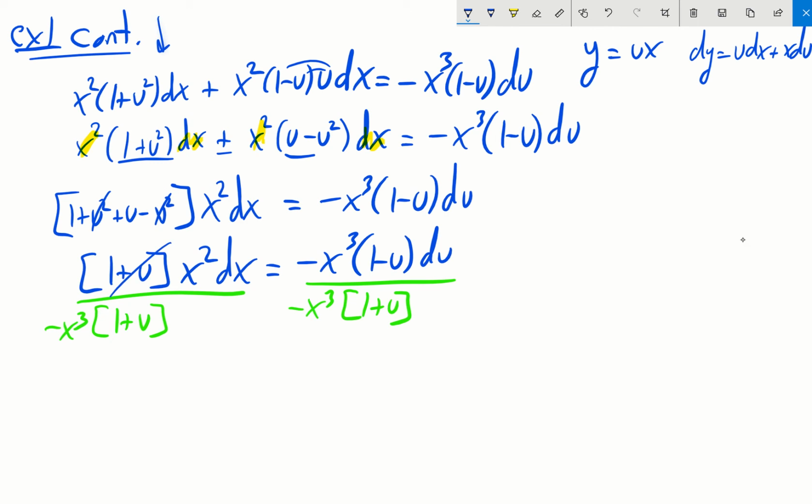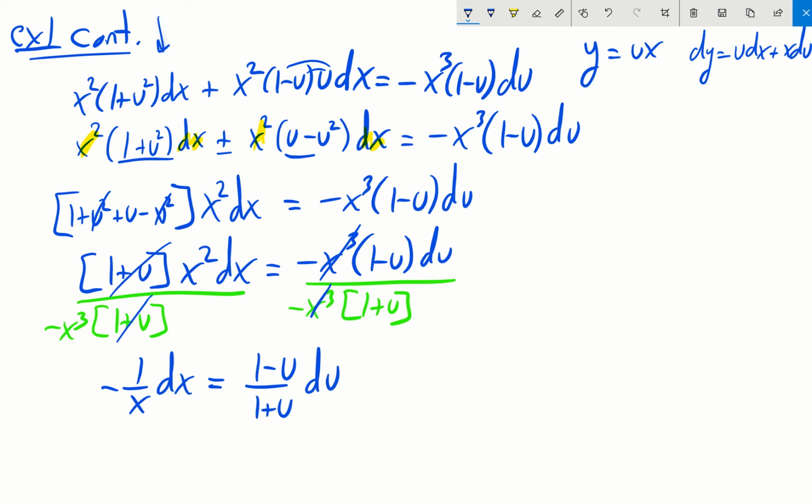On the left-hand side, these cancel. X squared divided by negative x cubed will give us a negative 1 over x dx. This is equal to, on the right-hand side, these cancel, and we have 1 minus u over 1 plus u du.